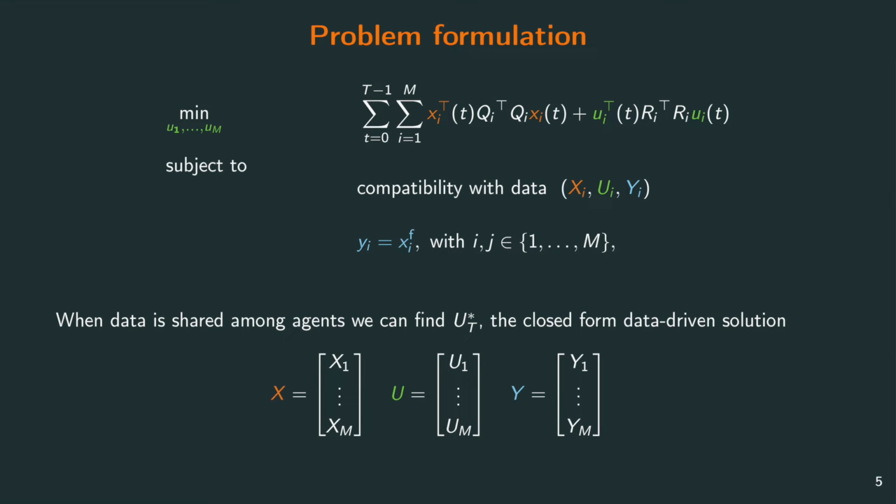In the paper, we give a few different formulas to find a data-driven solution to this problem when the data is shared among the agents. From now on, we indicate with U star of T the solution of this LQ problem. Among the different strategies that we use, I will focus today on a particular one, since it will serve as the foundation for the distributed algorithm later on.